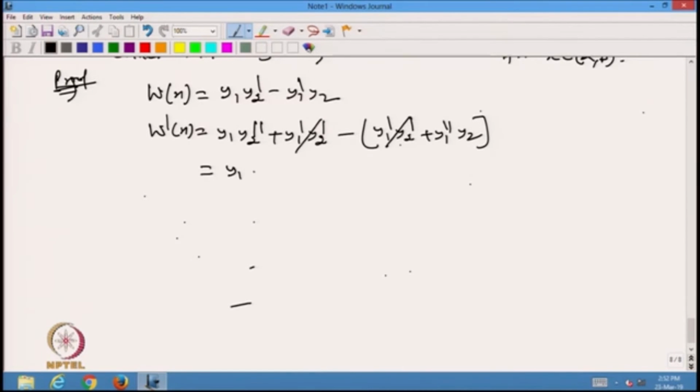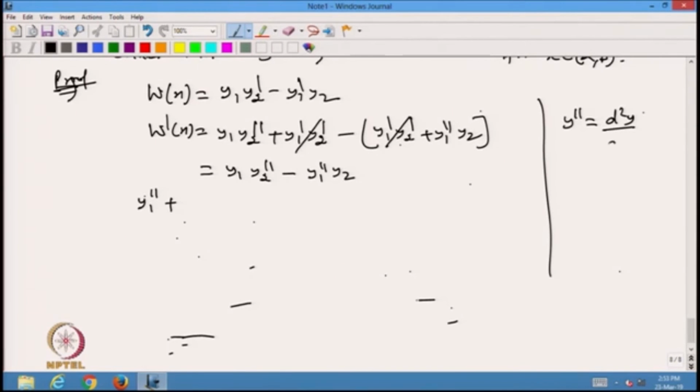So from here I will get y1 y2'' minus y1'' y2, and because y1 and y2 are the solutions of the equation, I know that y1'' plus p(x) y1' plus q(x) y1 equals 0. From here I just want to tell you that y' can also be written as dy/dx, to make it easier to write.